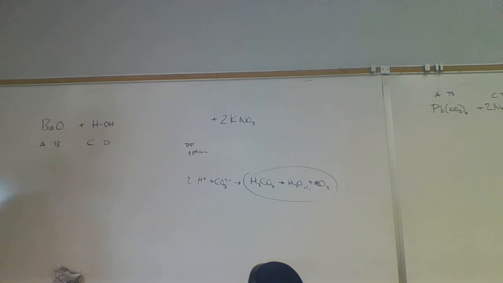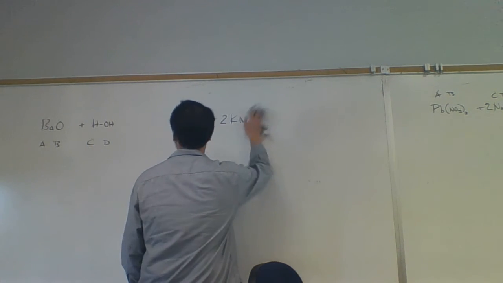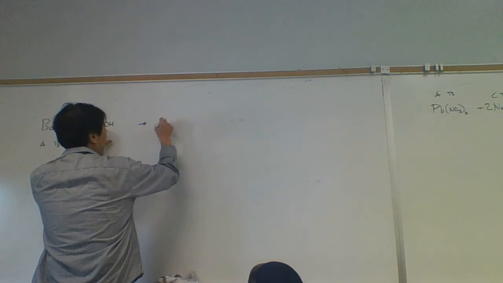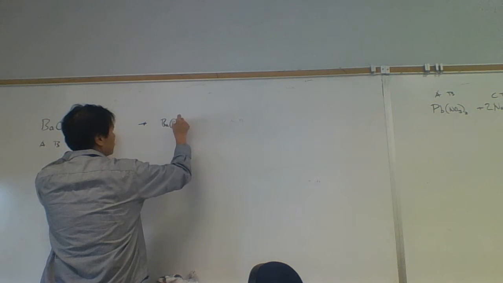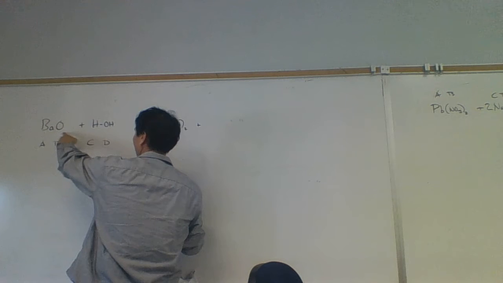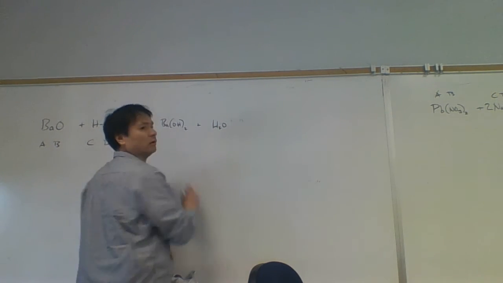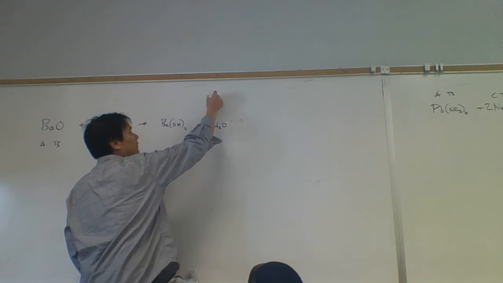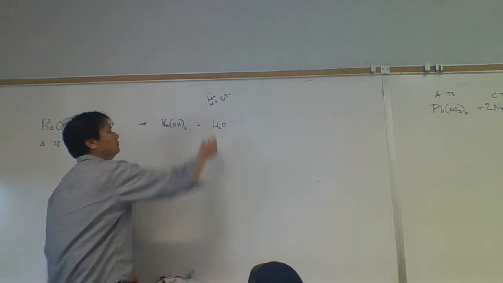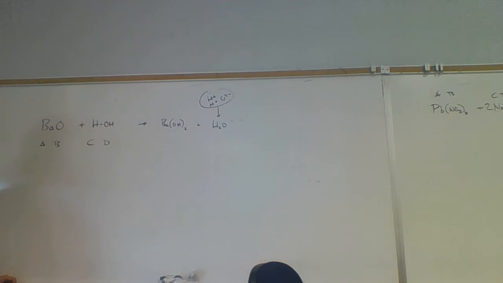And so what would form here? Barium with the hydroxide, and so we'd get BaOH, and then oxide with hydrogen would form H2O. We'll take 2 hydrogens for every oxide. And so it's going to form H2O.